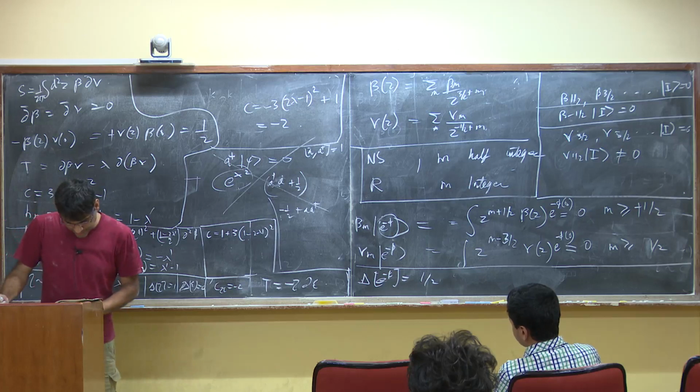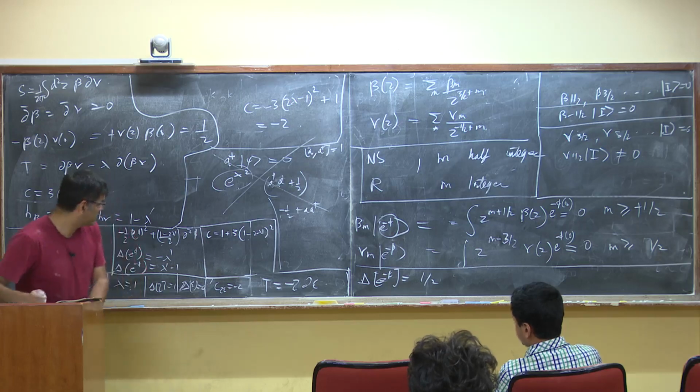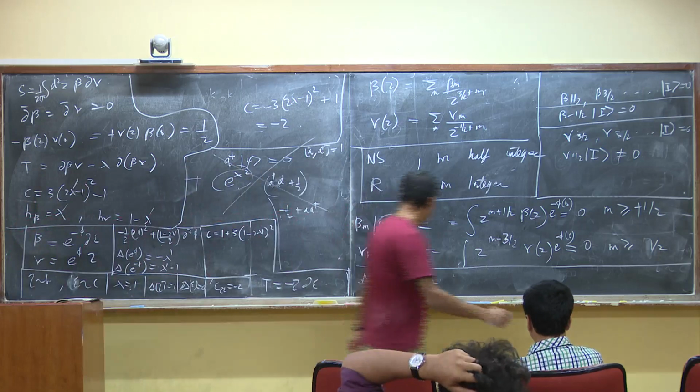He says e to the power L phi has dimension minus half L squared minus L, and L is equal to minus 1. Yeah, half. Good.